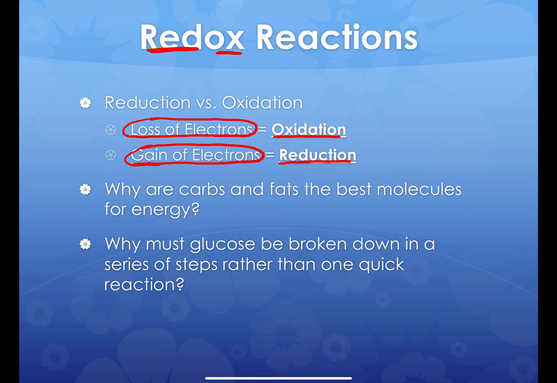And so in chemistry, we usually teach two different mnemonics that help students remember this.